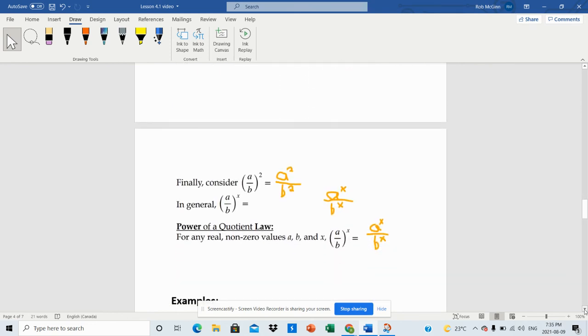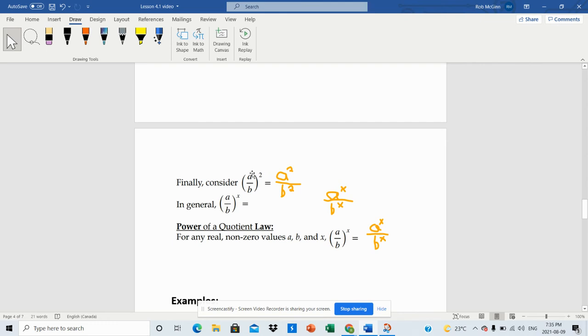Finally, we're going to consider a situation like this, the power of a quotient rule. So here, what we can see is we've got two terms inside brackets, and it's division this time. So a divided by b, and all that is going to be squared. Same idea.